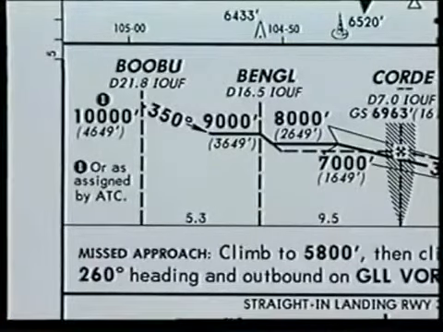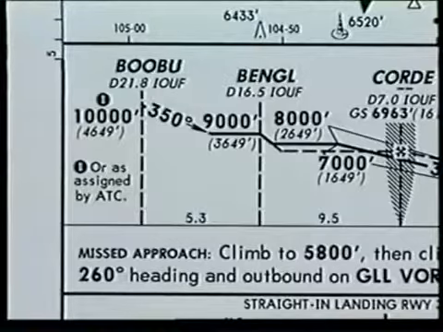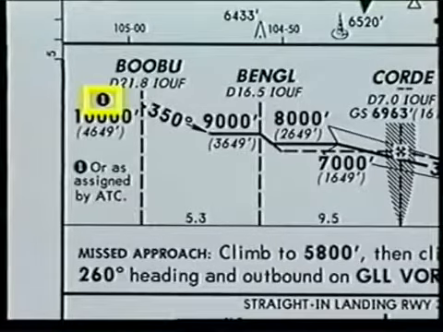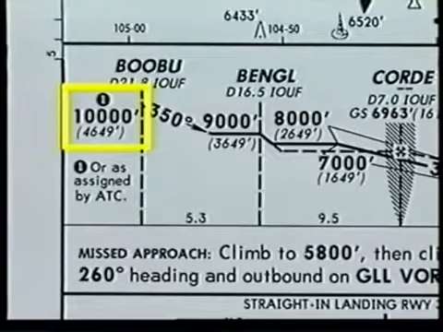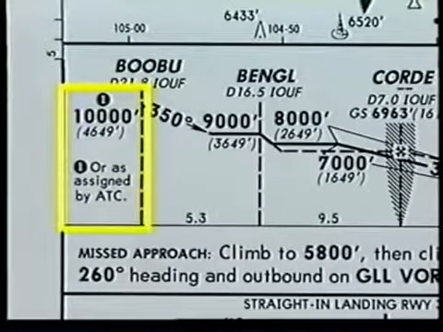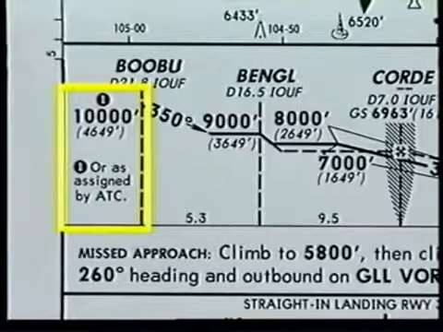This approach shows various step-down fixes which are used to help you descend to a lower altitude. The circled number refers you to a note located elsewhere on the chart. This note indicates that you should maintain a minimum altitude of 10,000 feet unless you are assigned a different altitude from ATC.